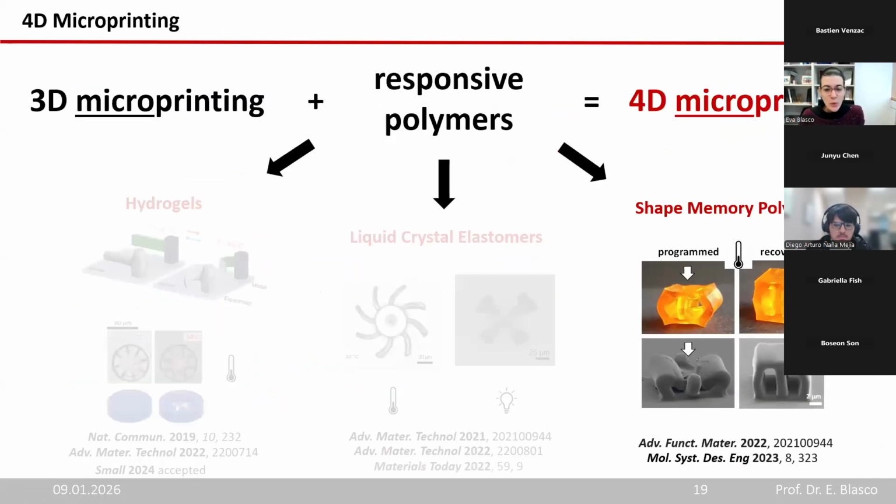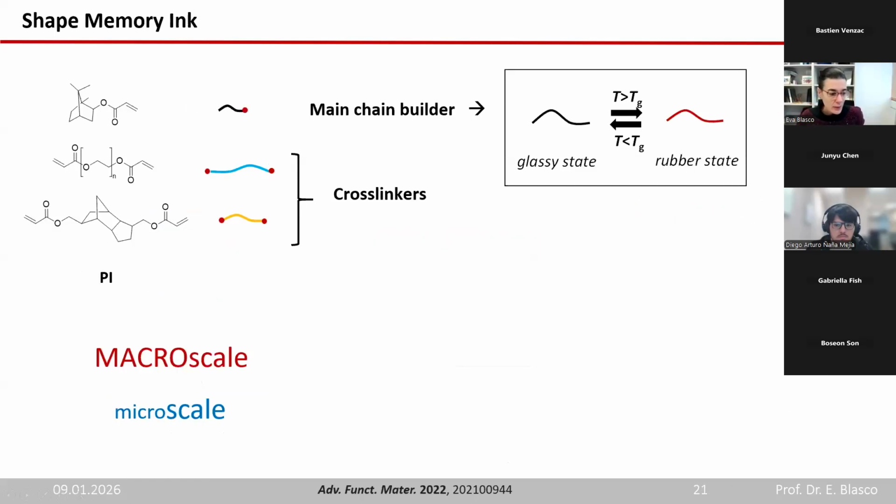Okay, so now let's move to the third class. I said shape memory polymers. This class has been really explored a lot at the macro scale, and here in 2022 we tried to also transfer this to the microscale. And so here, the composition, without going too much into the details, we rely on this main chain builder.